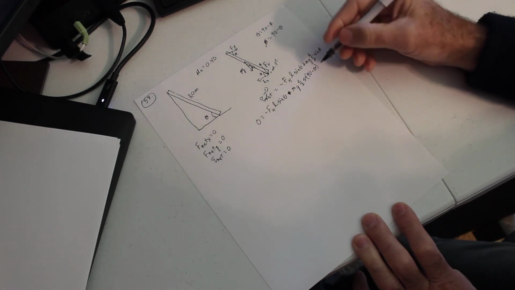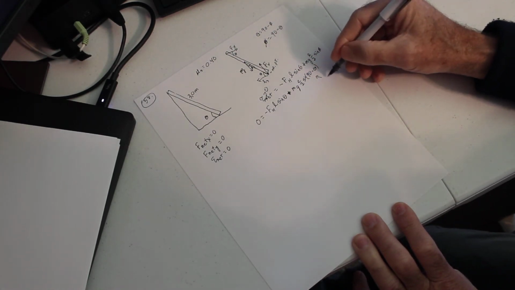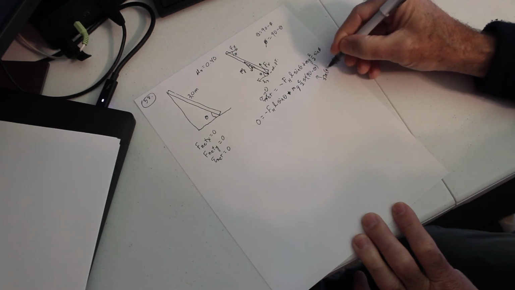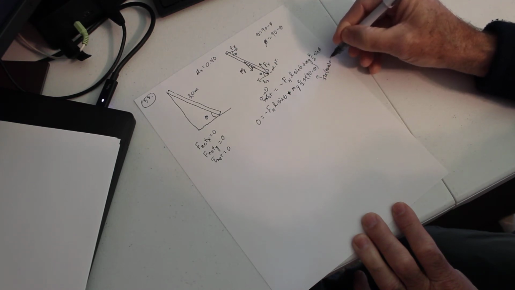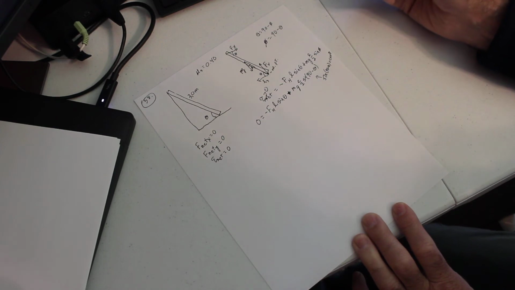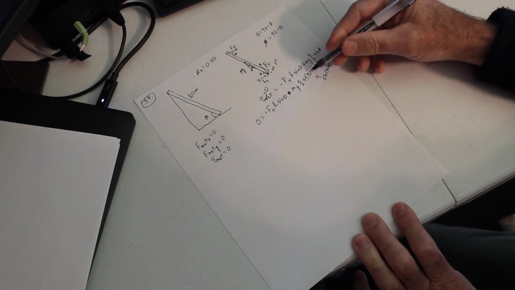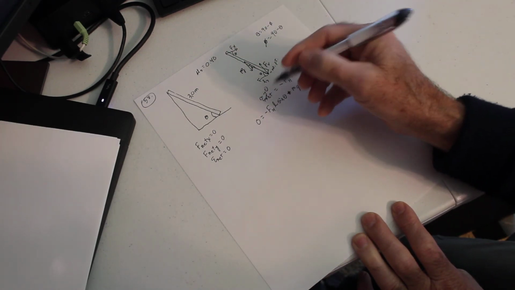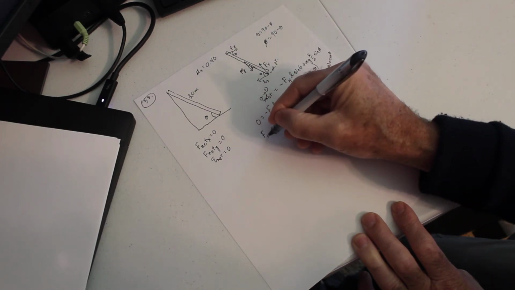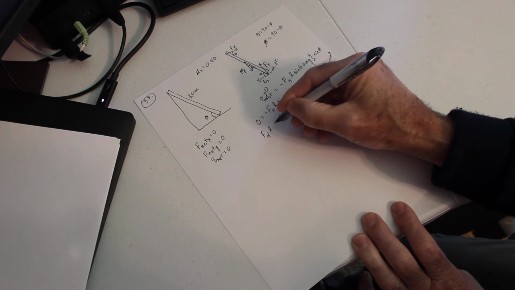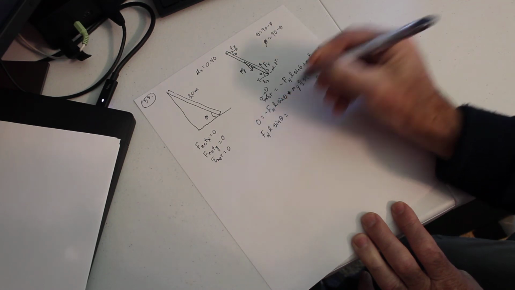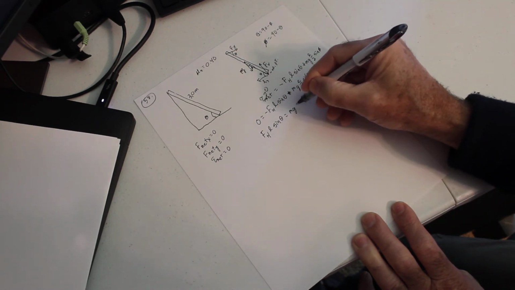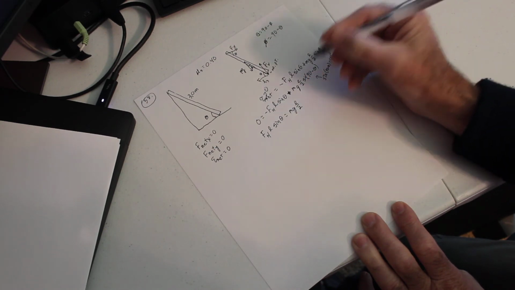If you remember from your trig identities, the sine of 90 minus theta is just equal to cosine of theta. I'm going to replace that with cosine theta so we don't have a complex part in here, and I'm going to move this to this side. So we get FH L sine of theta is equal to mg L over 2 cosine theta.